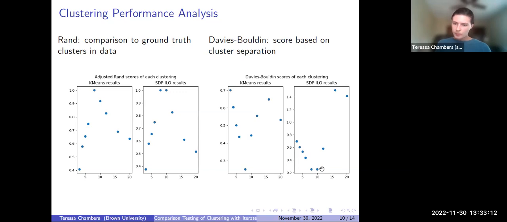But once again, what we have is that the semi-definite programming got the same score for 2 of its clusterings, k = 8 and k = 10, because it dropped down from using 10 clusters to using 8 in that iteration.